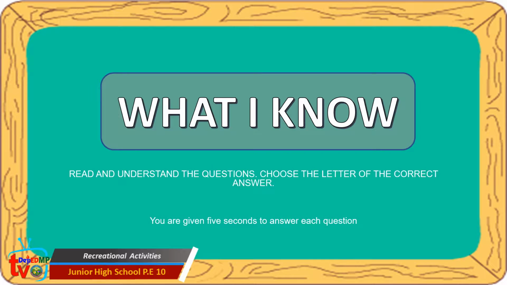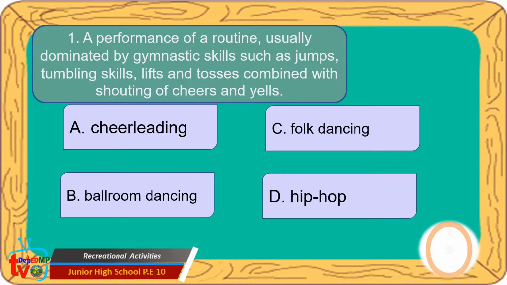Read and understand the questions. Choose the letter of the correct answer, and you are given 5 seconds to answer each question. Number 1. A performance of a routine usually dominated by gymnastic skills such as jumps, tumbling skills, flips, and tosses combined with shouting of cheers and yells.